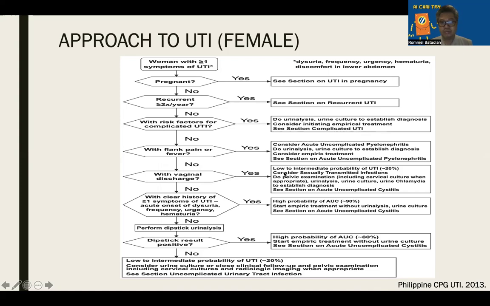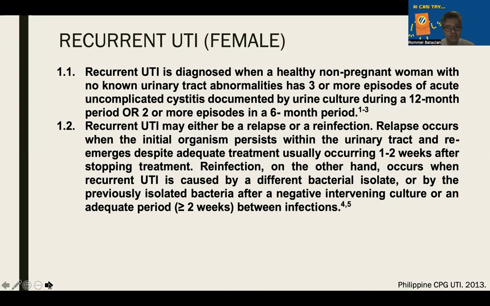So it could probably be not UTI, but more of a sexually transmitted infection. So unfortunately, we won't discuss that. And then if none, most likely the patient has an acute uncomplicated cystitis. And that also will be discussed, starting with recurrent UTI.